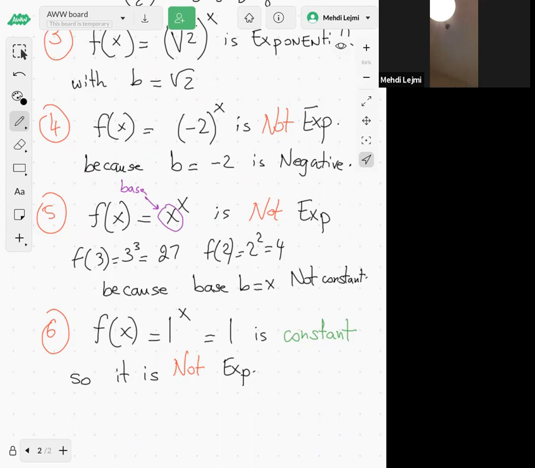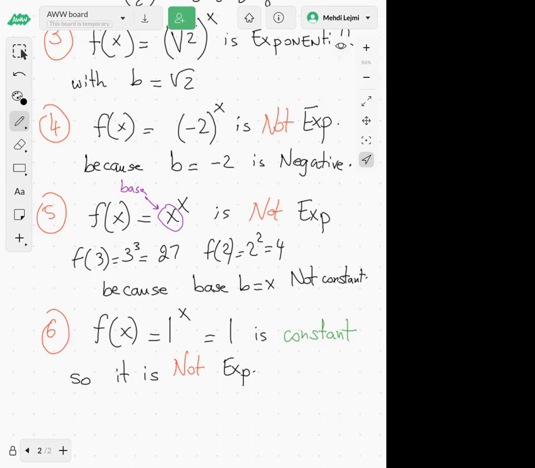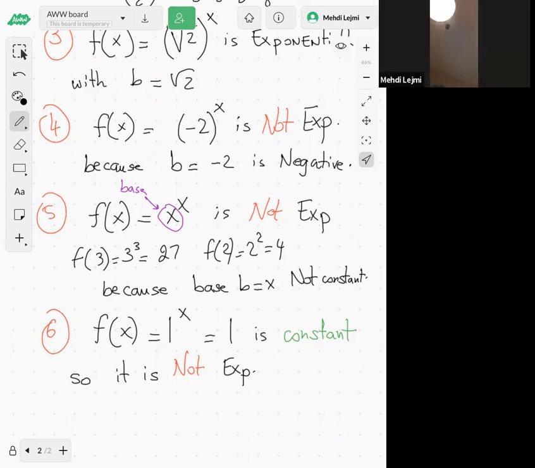Does this answer your question? Yes, it's a constant function, so it's not an exponential function. So that's what I mean by exponential.